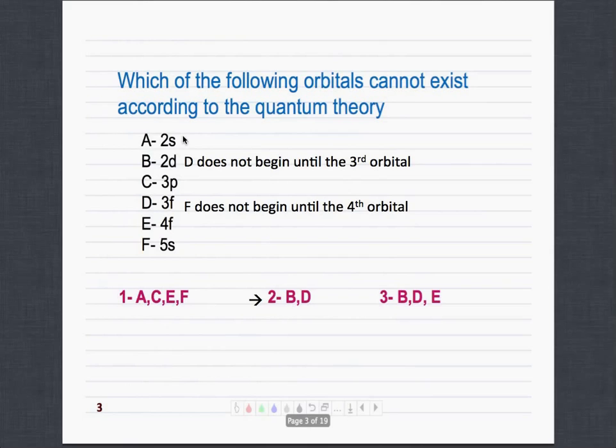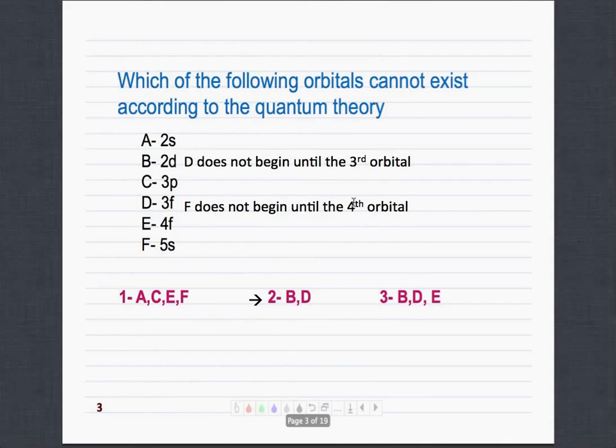B equals 2d. I know that the first time we see d is in the third shell. And if we look at the quantum numbers, it tells us n equals 2, L equals 2. This is what 2d means. And that doesn't comply with the rules of quantum theory. L can never be equal to n, because this number in here represents n, and d is represented by L equals 2.